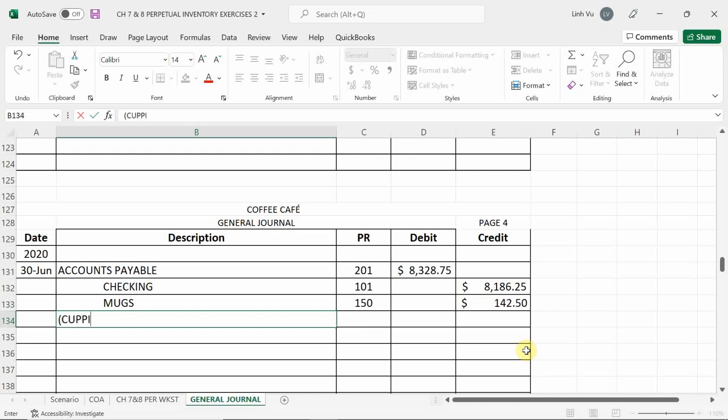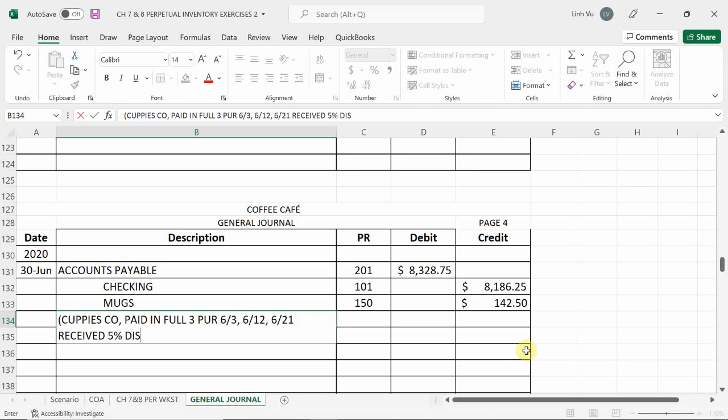So Cuppies Co. paid in full 3 purchases, right? And then 3 purchases made on June 3rd, June 12th, and then we also made one June 21st, and then received 5% discount on purchase on June 21st.